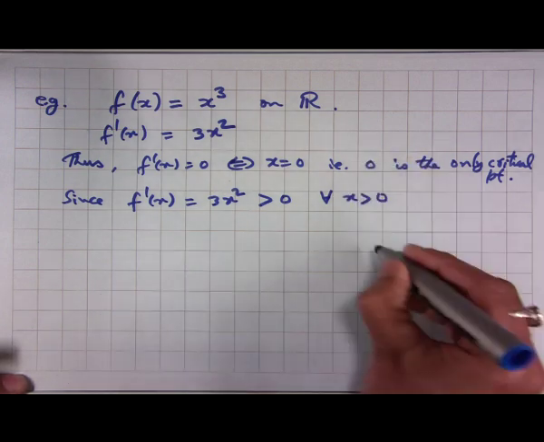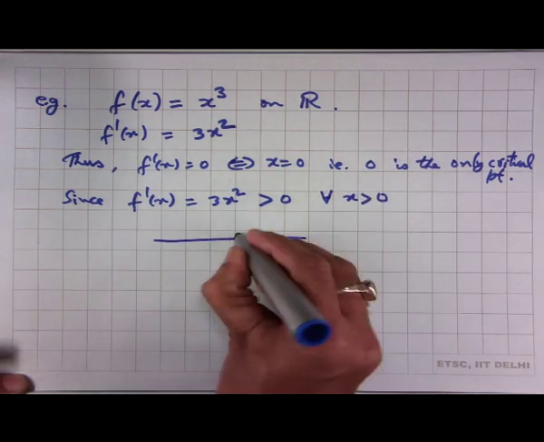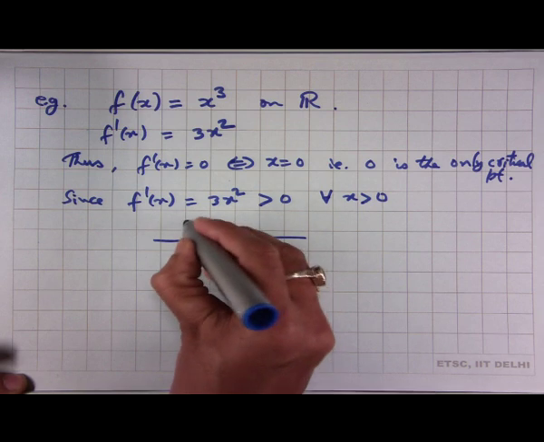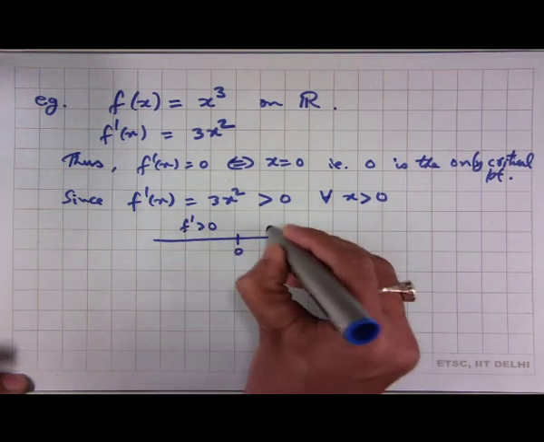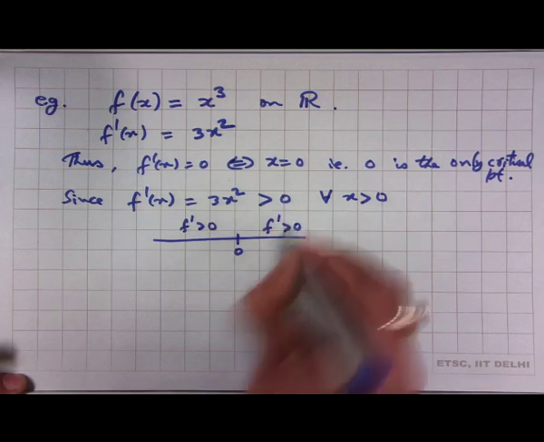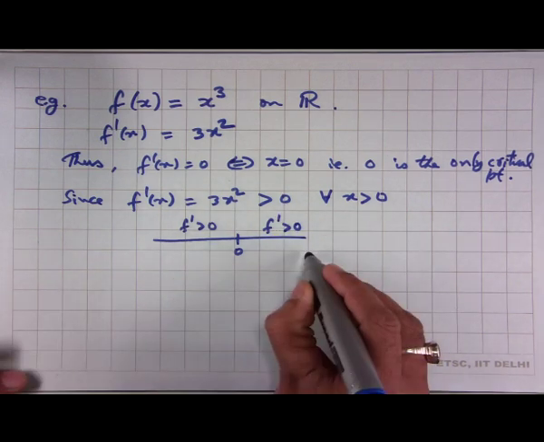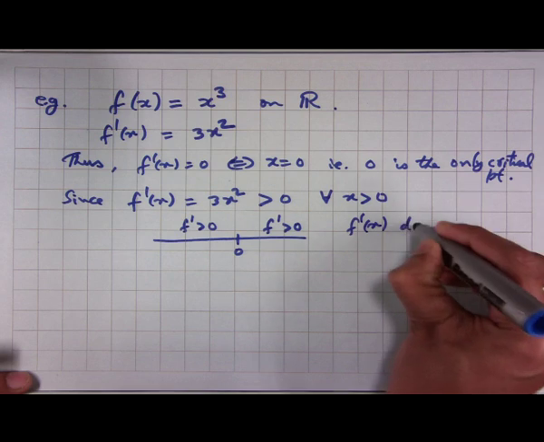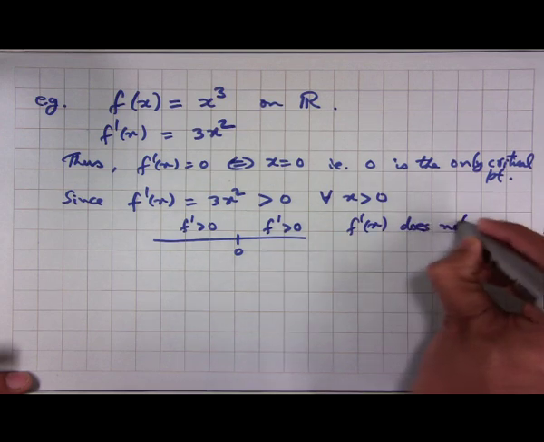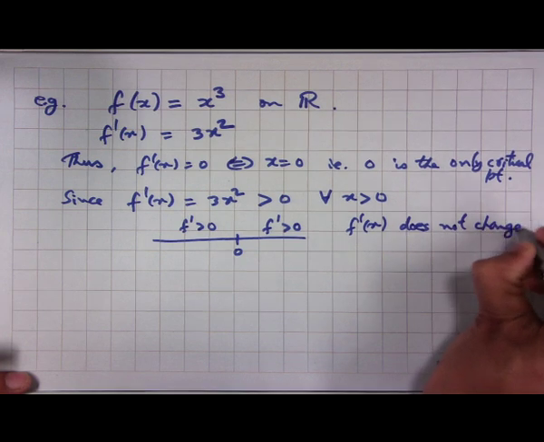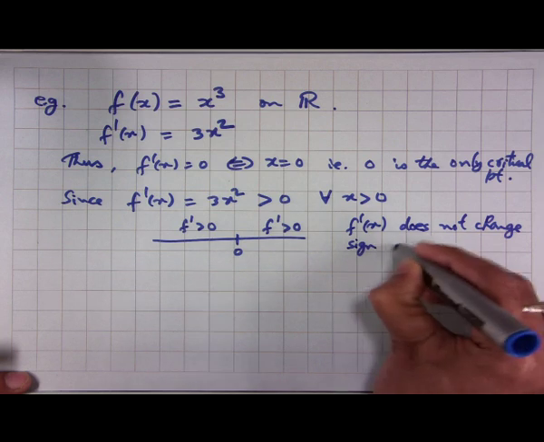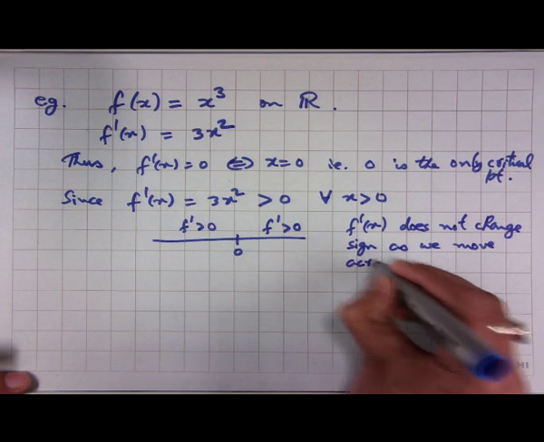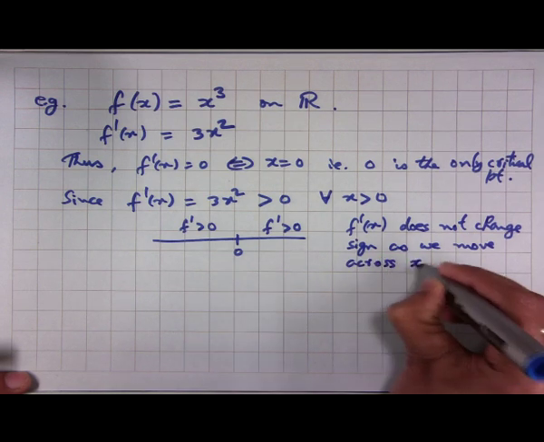So, across this critical point 0, f prime is positive as we move across x equal to 0. f prime x does not change sign.